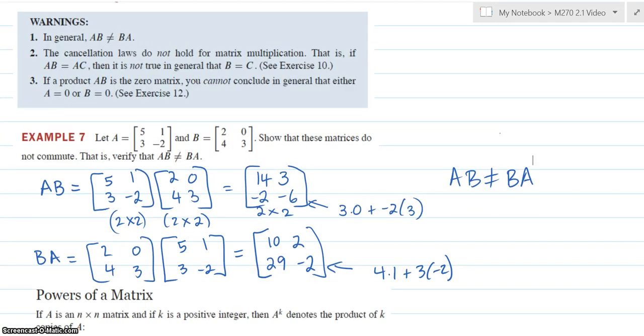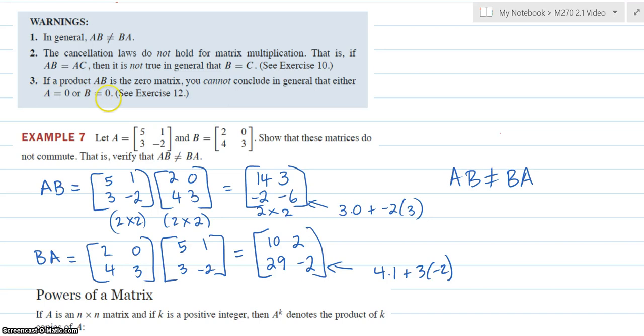Actually, before I go on, there are 2 other warnings. The cancellation law does not always hold. For instance, if you have A times B and A times C, in algebra you would divide both sides by A and get B equals C. Well, that's not true in general. You can see in the next section, 2.2, that if it's invertible, then yes, you can do that, but not in general.